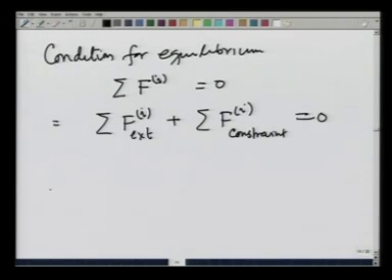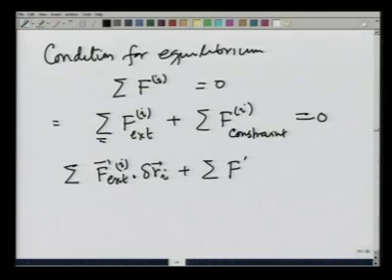Now, let us calculate the virtual work done. Virtual work done is going to be summation of F external i dot delta Ri, which refers to all the forces that are applied, plus summation Fi, where i refers to the ith particle, constraint, dot delta Ri, is equal to 0. It is 0 because the right hand side is 0. However, we have already said that constraints do no work.